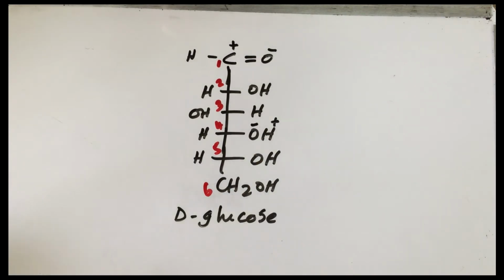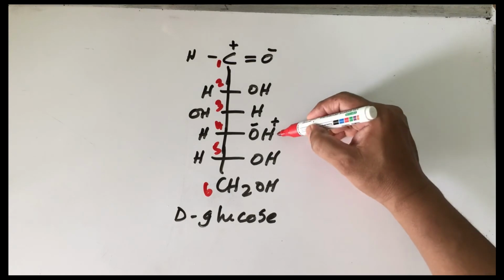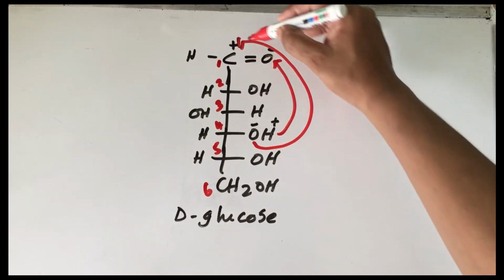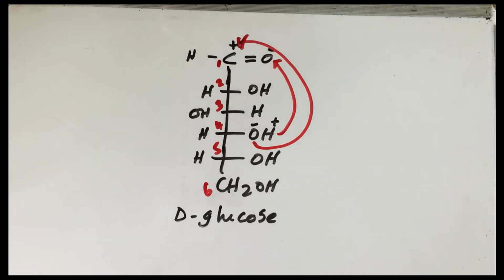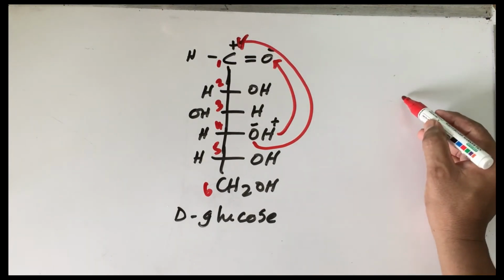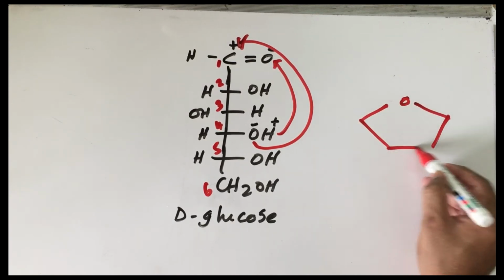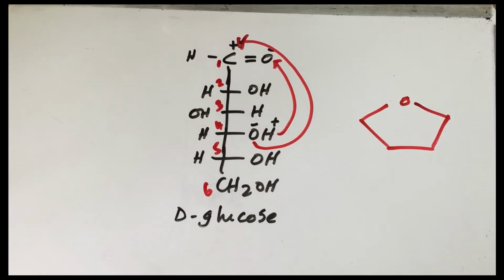So there is a possibility that a ring can be formed between carbon number 1 and 4. This will result in a furanose ring structure.